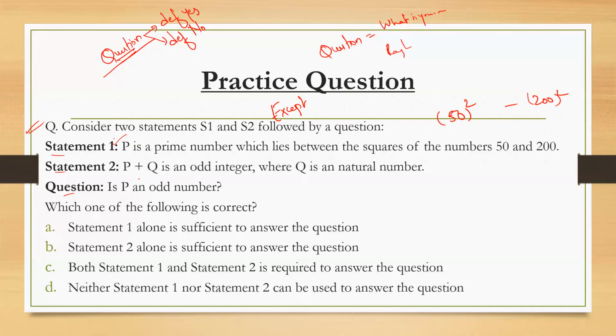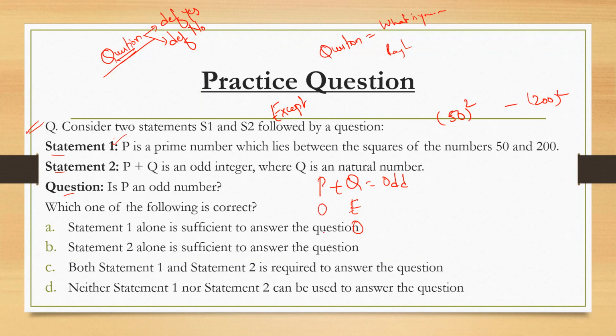Now, what about statement 2? It says simply P plus Q is odd. Now, Q is considered to be a natural number, so yes, a natural number can be both odd or even. When Q is even, then P will be odd.